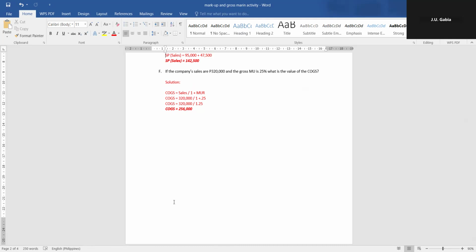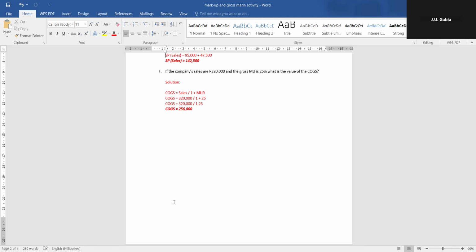So that is your cost of goods sold. Because the 320,000 signifies that it is 125%, the cost of goods sold here is 100%.